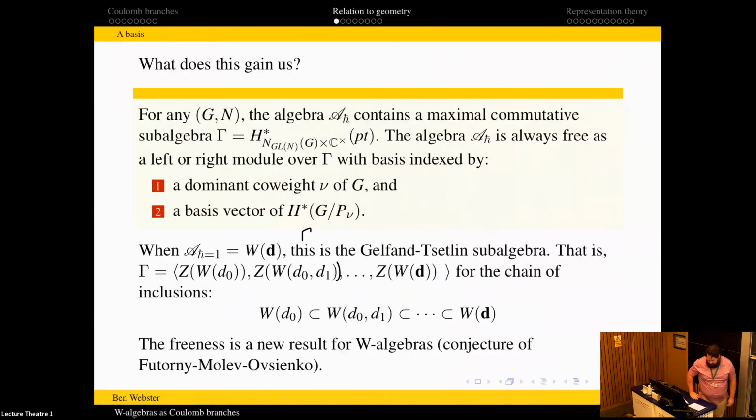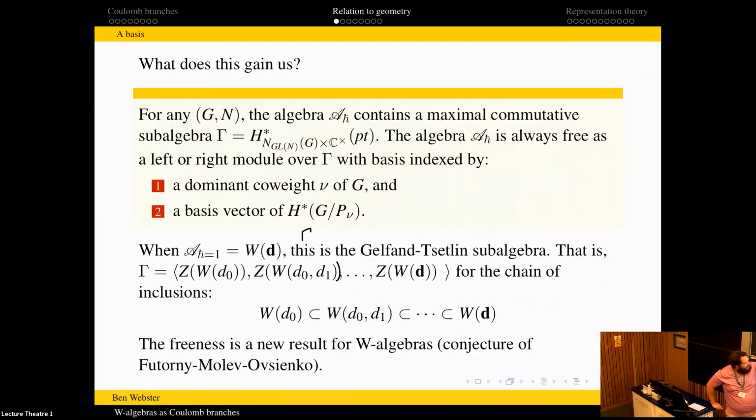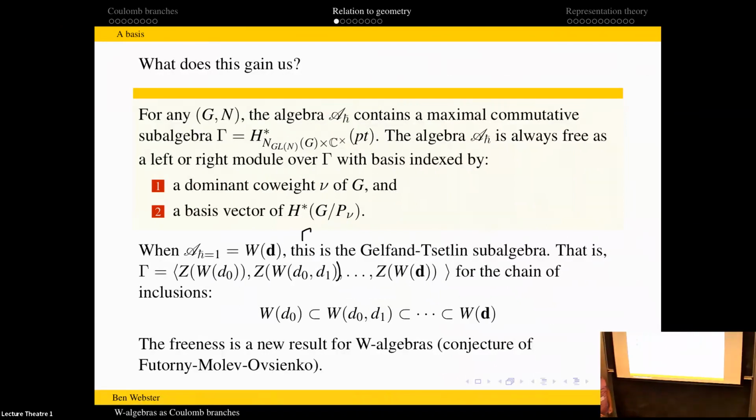All right. So for example, in the W-algebra, this is what's called the Gelfand-Tsetlin subalgebra. The W-algebra has a bunch of sub-W-algebras coming from looking at the first part, the first 2 parts, the first 3 parts. You might be more familiar with this for U(sl_N) itself, where you look at sl_1, sl_2, sl_3, sl_4. This is just a generalization of that for the W-algebra.